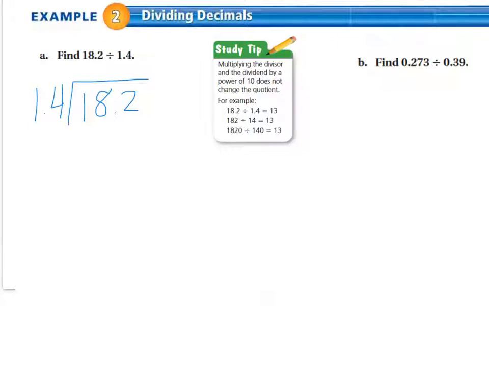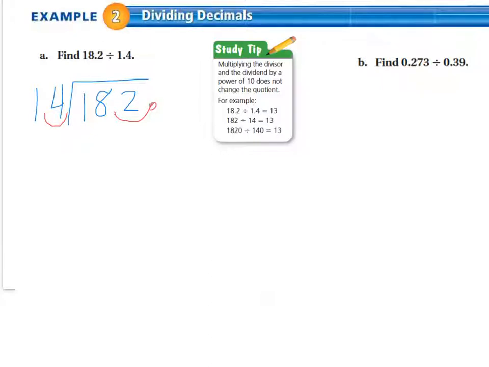In order to do that, I need to move this decimal one place to the right, which in effect is multiplying by 10. Doing that multiplication of 10 to my divisor means that I also need to do that to my dividend. Multiplying by 10 to my dividend changes the decimal 1 to the right, changing 18.2 into 182.